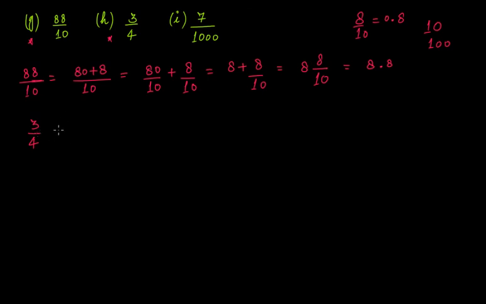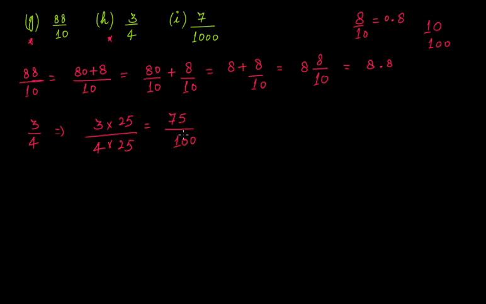If we multiply both the numerator and the denominator by 25, then this becomes what? 75. This will be what? 100. So 75 over 100. Now we can easily write it in terms of decimals.